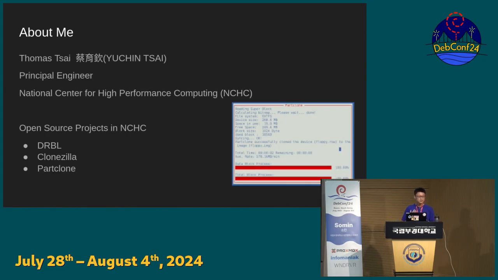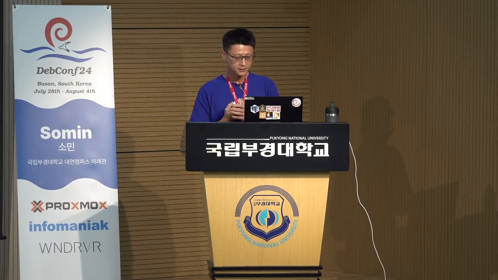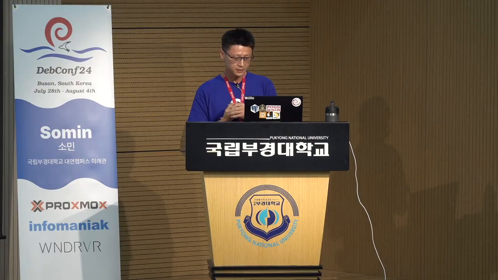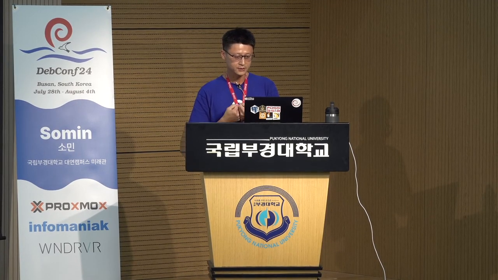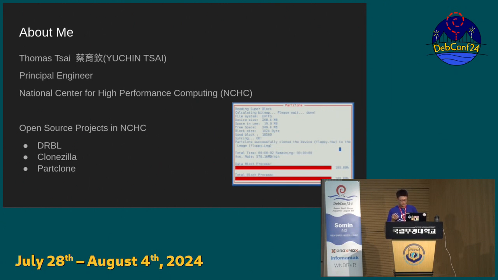I am Thomas. I'm from Taiwan. I currently work at NCHC, the National Center for High Performance Computing in Taiwan. I am also in charge of some HPC clusters, managing HPC clusters and cloud service, and some trust research environment computing in Taiwan.